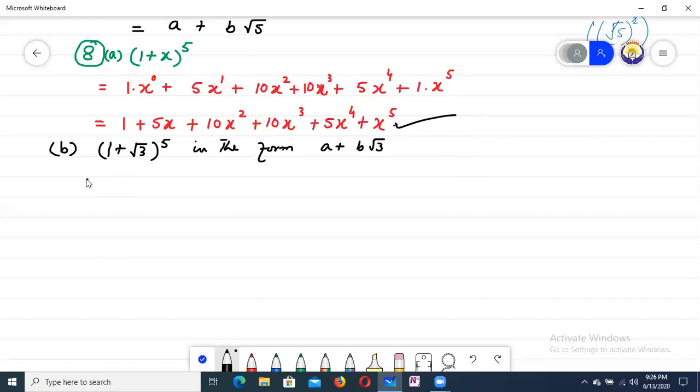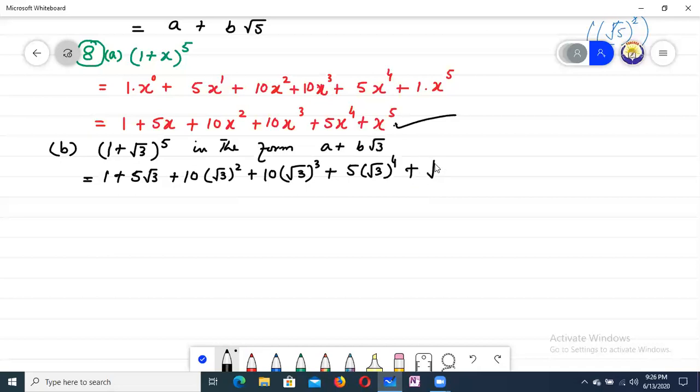Everything is same except x, so we will replace x with the corresponding value. 1 plus 5 into x, x is square root of 3, plus 10x square, x is square root of 3 square, plus 10x cube, x cube means square root 3 cube, plus 5 into x, square root of 3 raised to the power 4, plus x raised to the power 5 means square root of 3 raised to the power 5.